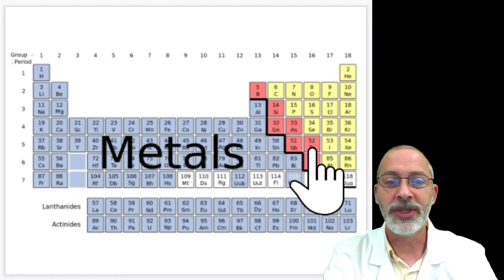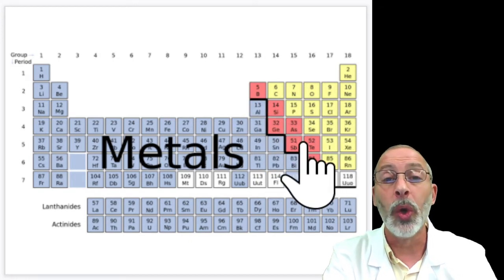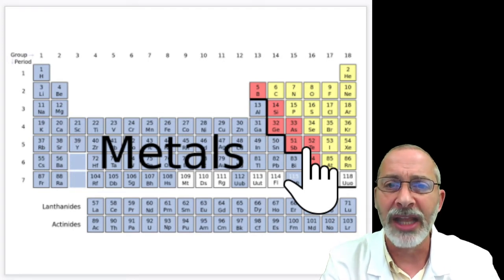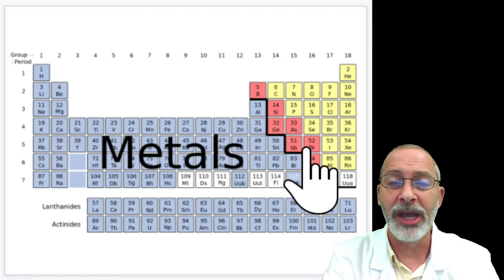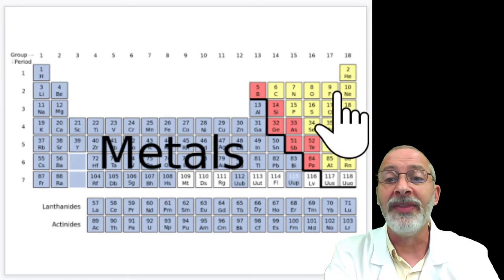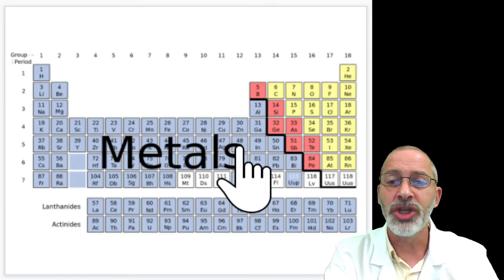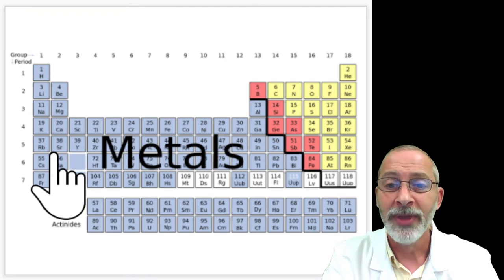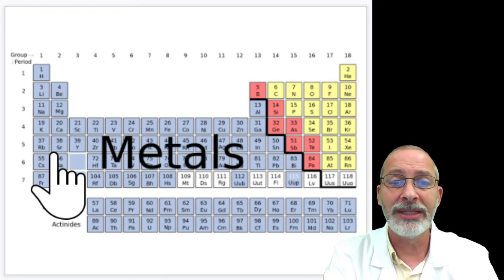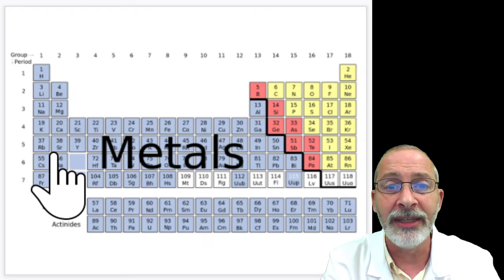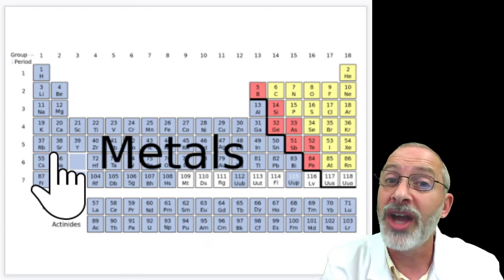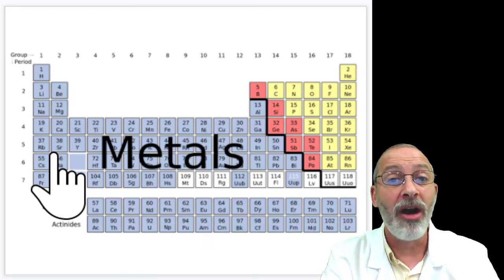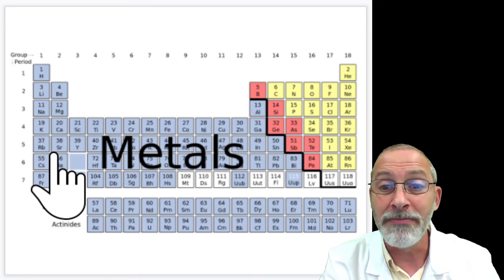The orange ones here are referred to as metalloids, and we'll get into that a lot more when we get into the periodic table in a couple of weeks, and the nonmetals. For the time being, just know that the metals are on the left of the periodic table. And if you look at the periodic table, you may be able to find some symbols of common elements that are familiar to you as metals.